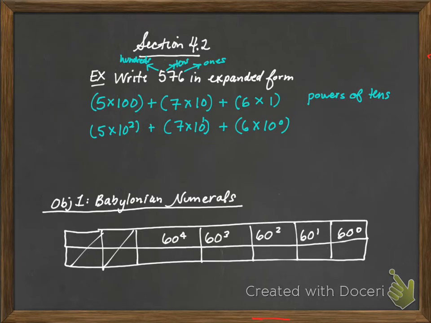And I want to make a note: anything raised to the 0 power equals 1. So 10 to the 0 is 1, and that's how I get the value of 6. So that's writing this up in terms of the powers of 10.